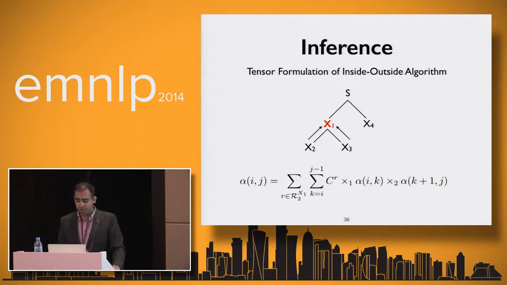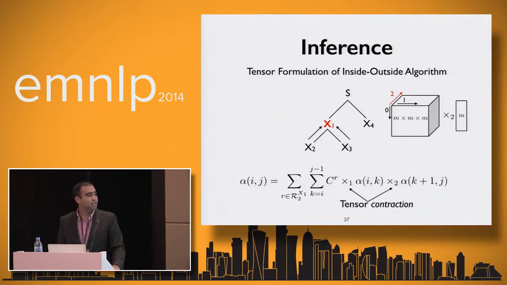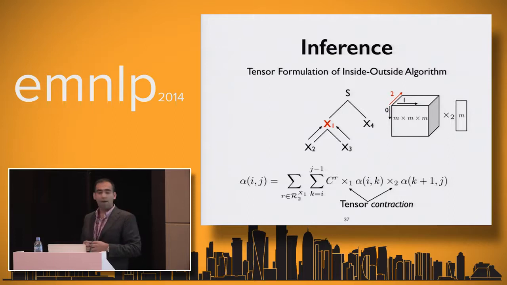And now for the tensor formulation of the inside-outside algorithm, it's essentially the same thing, except we generalize the scalar multiplication. We're essentially doing a matrix multiplication. So we're doing what is known as a tensor contraction. If I multiply a tensor by a vector, I'll get a matrix out.